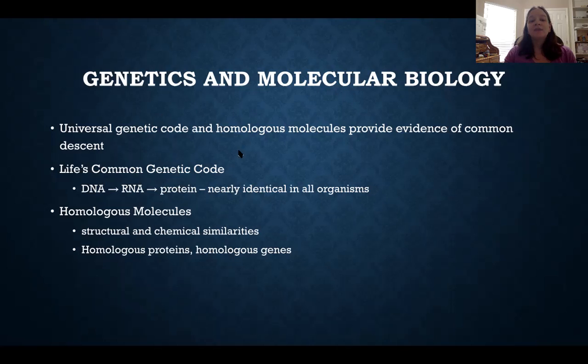And then we have homologous molecules: proteins that are the same, found in the same genes. Gene sequences that are exactly the same or very similar between organisms make very similar proteins.